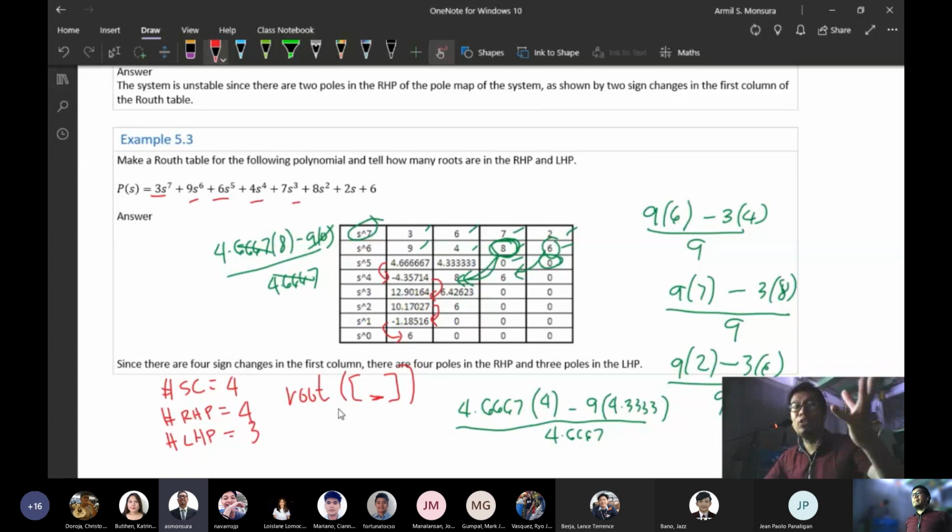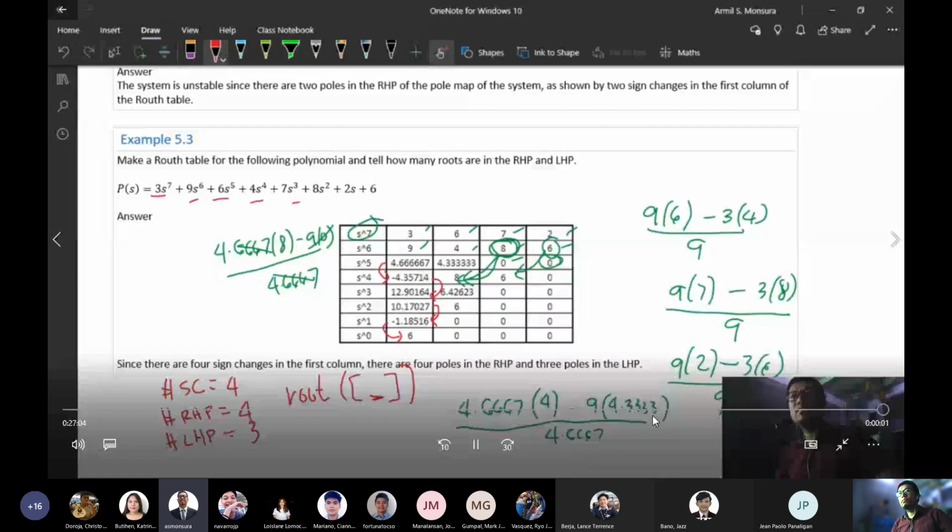Then ma-verify nyo na 4 doon ay positive or located sa right half plane, yung 3 doon located sa left half plane. Okay. So that's for your basic route table. Okay. So sa next topic, pag-aaralan natin yung mga special cases ng route table ninyo.